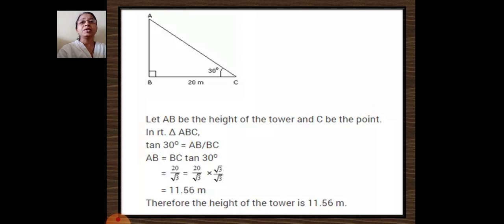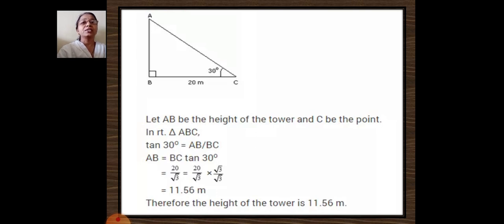Here AB represents the tower and C is the point 20 meter away from the tower, making an angle of elevation 30 degree with the top of the tower. So this is our diagram. So being the tower perpendicular to the ground, triangle ABC is a right angle triangle.